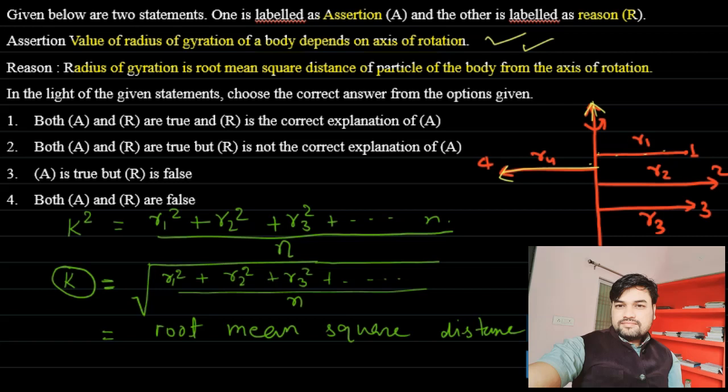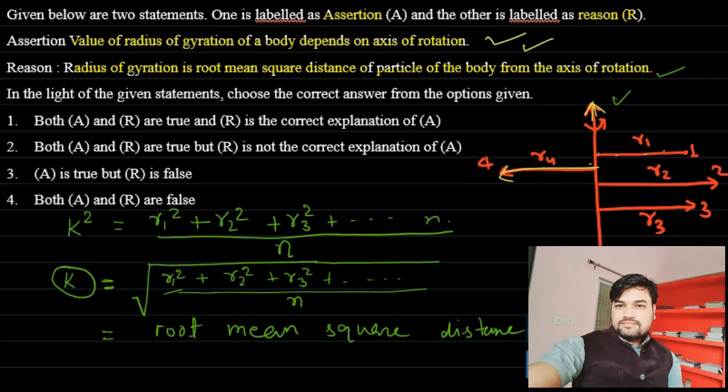So the assertion is correct as it depends on the axis of rotation, and you can see that radius of gyration is the root mean square distance of the particle from the axis of rotation. So the reason is also correct.